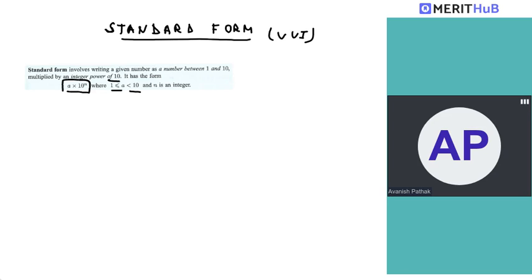So I can show you a couple of examples of how to put a number into standard form. Suppose I ask you to put the number 27 into standard form. So 27 can be written as 2.7 into 10. Why are we writing this? See, we are satisfying all the rules of standard form.